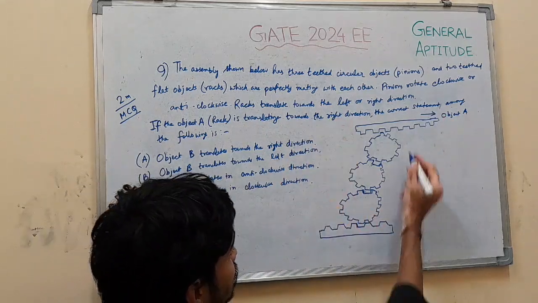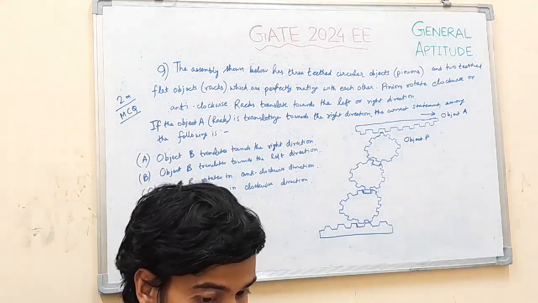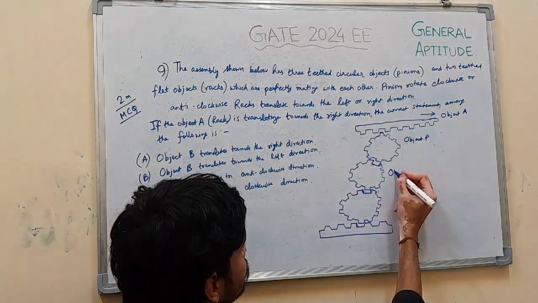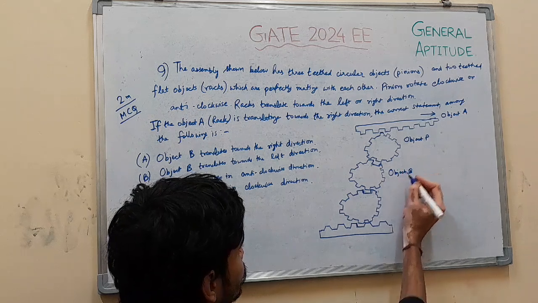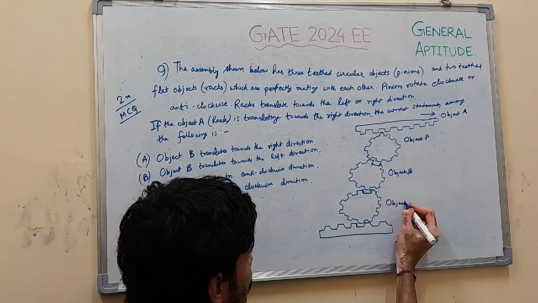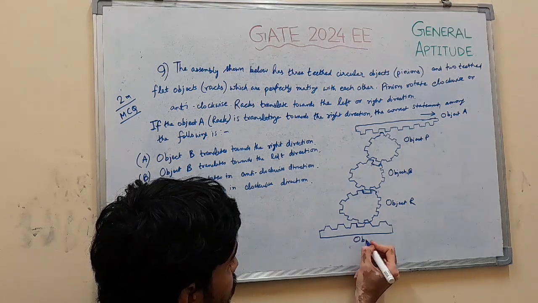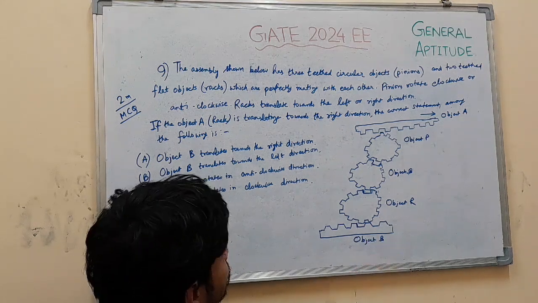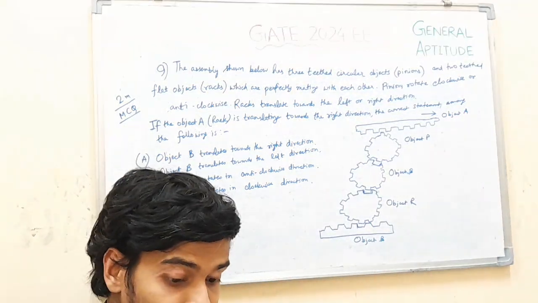Another object P, object Q, object R, and this is object B. So this is the question basically, written out.